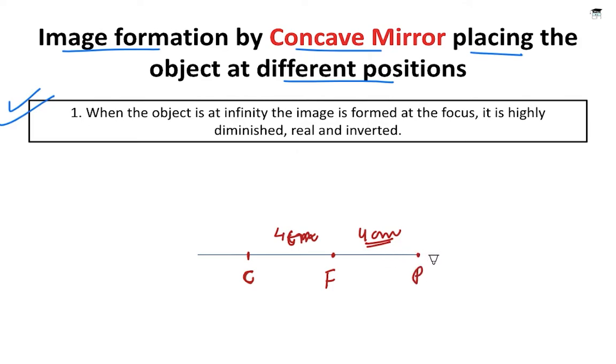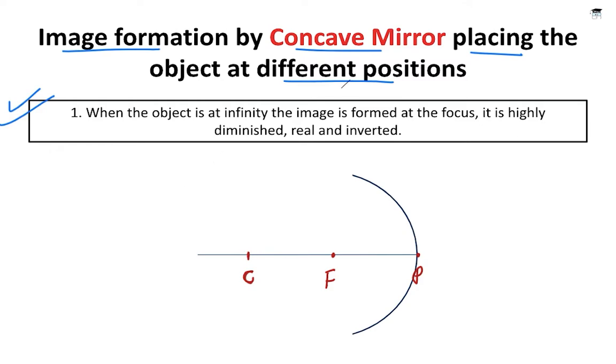Next, put your compass at point C, the pointed end at point C and the pencil on point P, and draw a semicircle here. So now your basic image is ready. Now we are going to draw ray diagrams on this image.